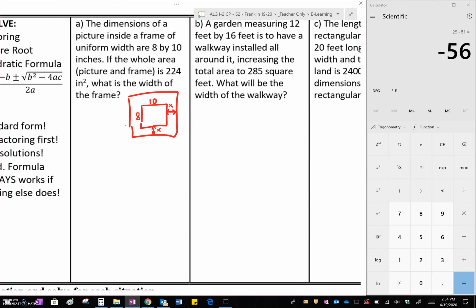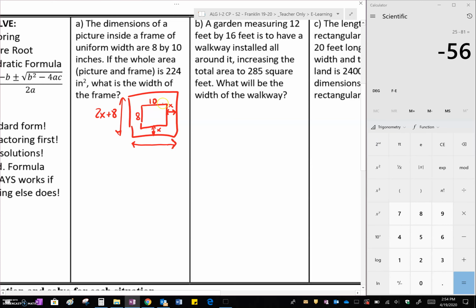And so we have to come up with an expression that represents length times width of the entire object, right? Well, we've done this before. The vertical distance here is 8 plus the 2 x's on either side, so 2x plus 8. And the width is similar, but it's 10.